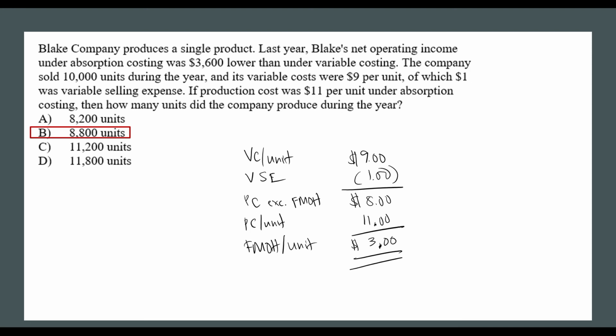Since we have here that your net operating income difference under absorption costing is 3,600, this will be our numerator.